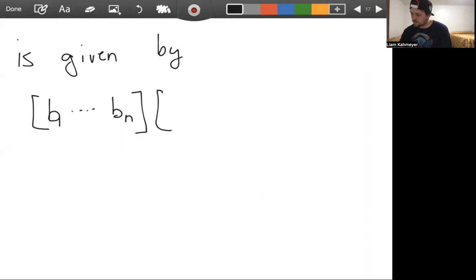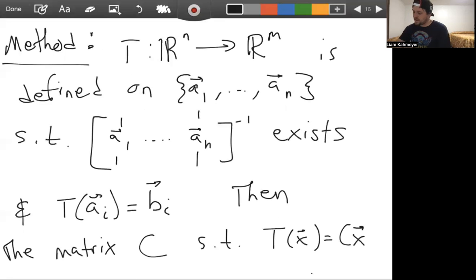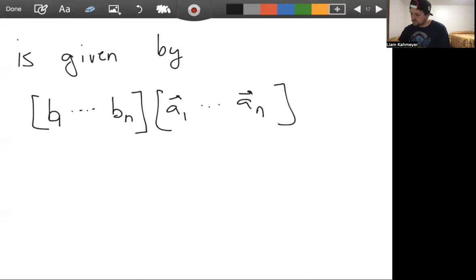And then times A1 through AN here. So sorry, we have a map from Rn to Rm. That means B should be, this should be M, my apologies, right?